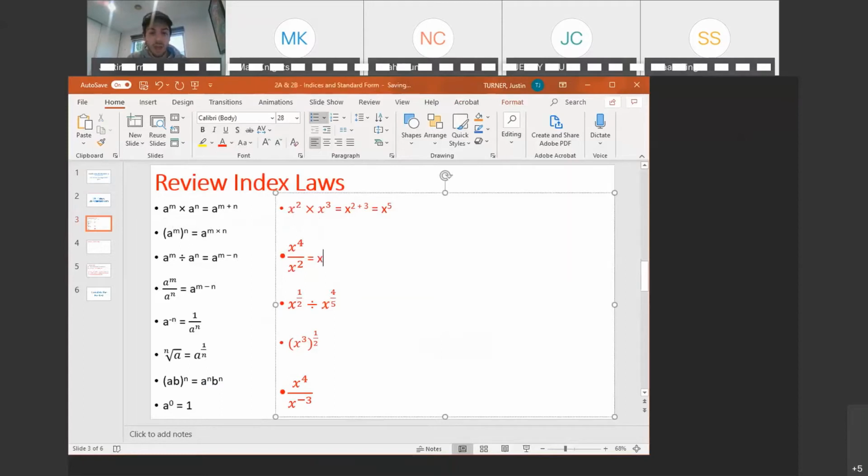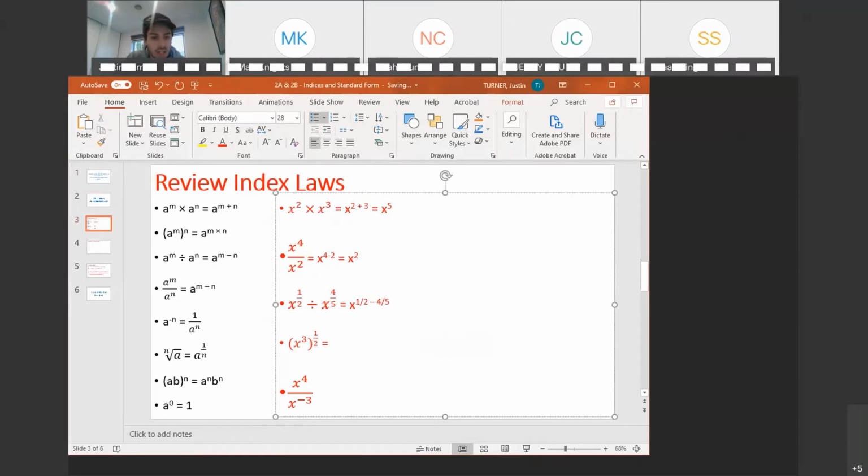So we have x to the power of 4 minus 2. This one is essentially the same thing. You know what? Fractions are actually a bit tricky. So what we'd end up having is x to the power of 1/2 minus 4/5. And subtracting fractions is a bit frustrating, so I might just leave it as that for the moment.